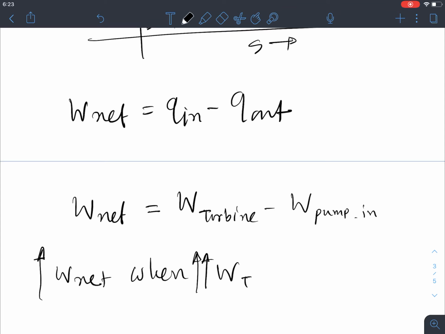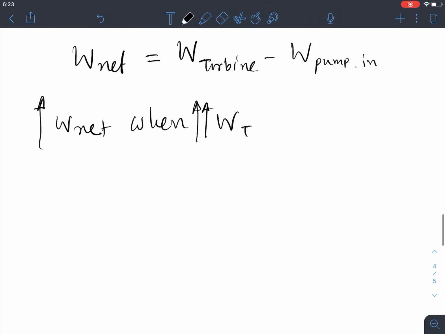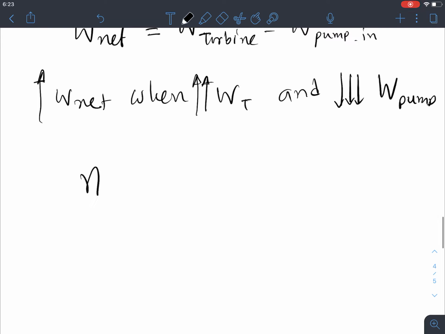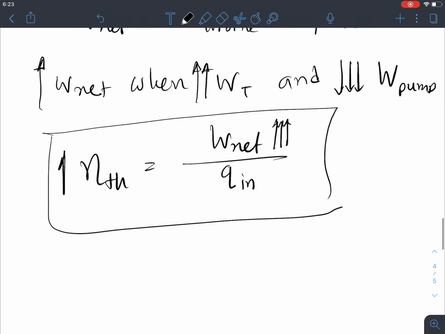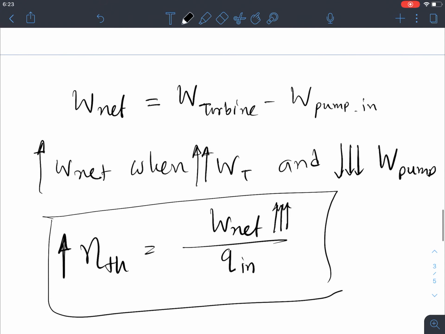At the same time, if we can decrease the W pump, W net will also increase. And in the efficiency equation, we saw W net divided by Q in. So if we can increase the W net, then we can ultimately increase the efficiency as well.